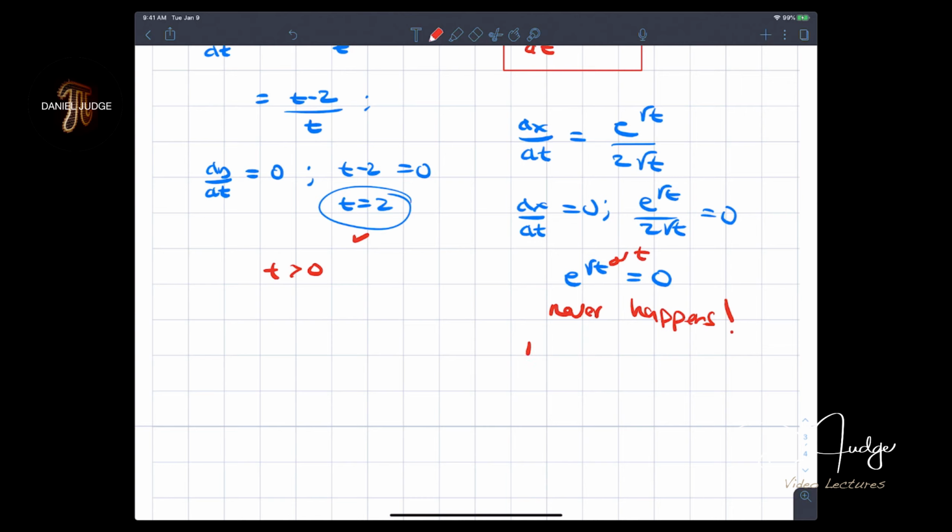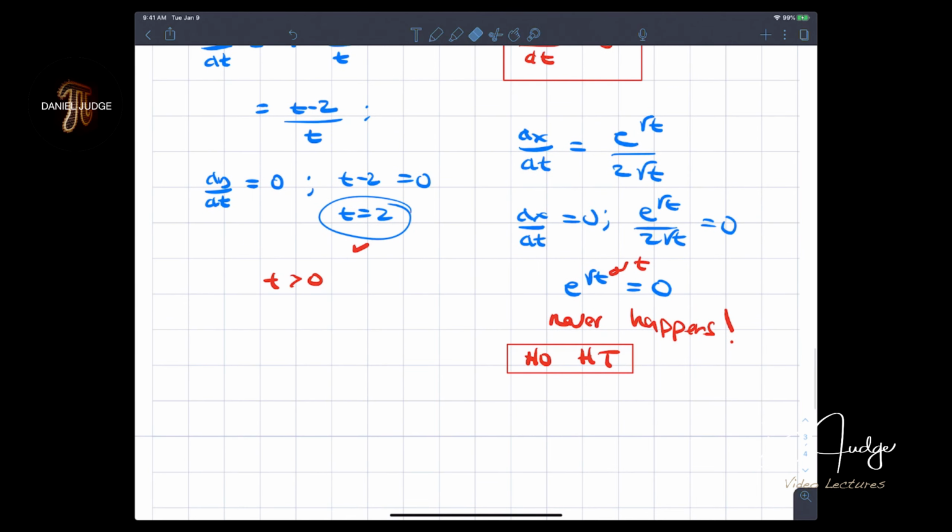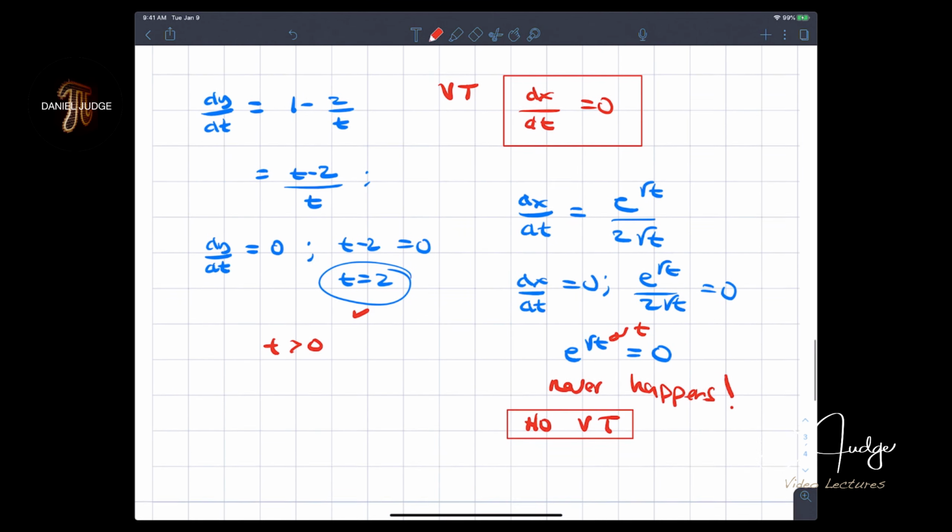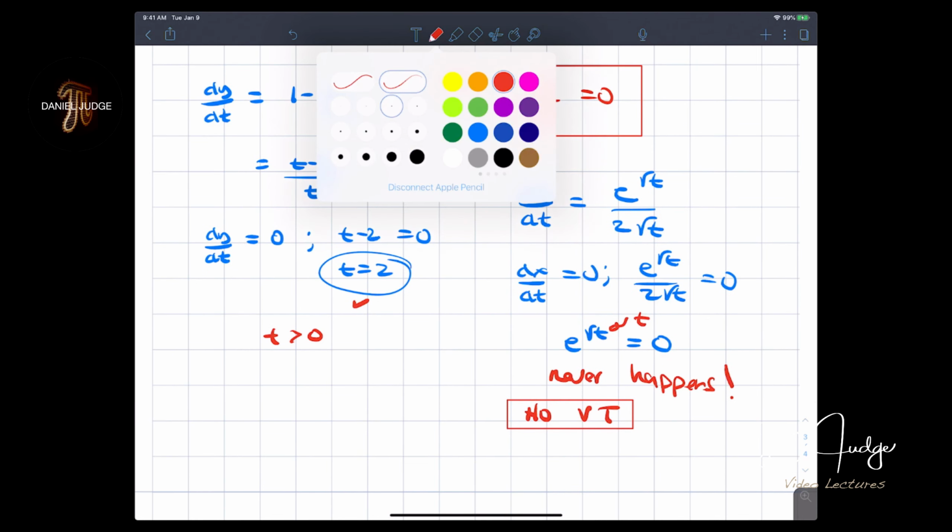So that means there are no vertical tangents. It has a horizontal tangent, but no vertical tangents.